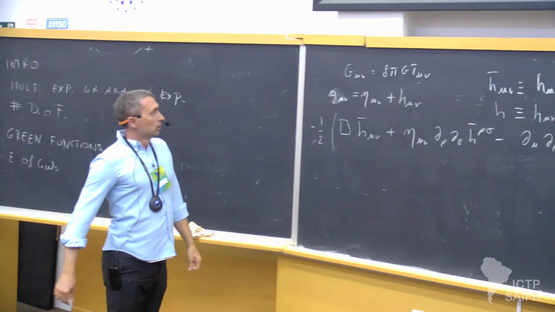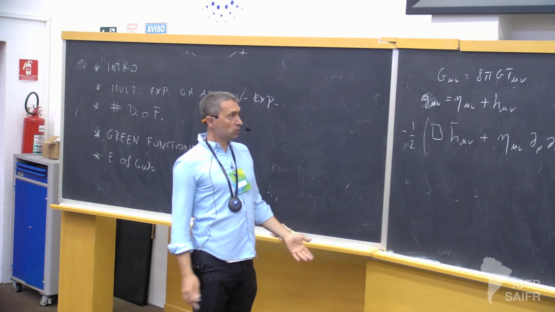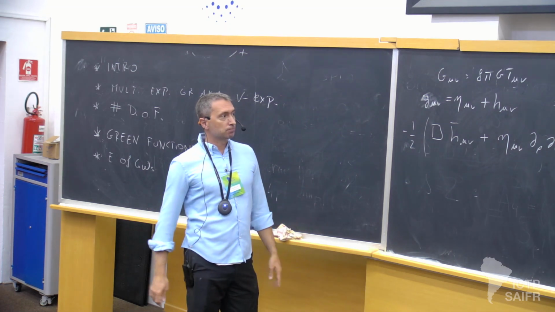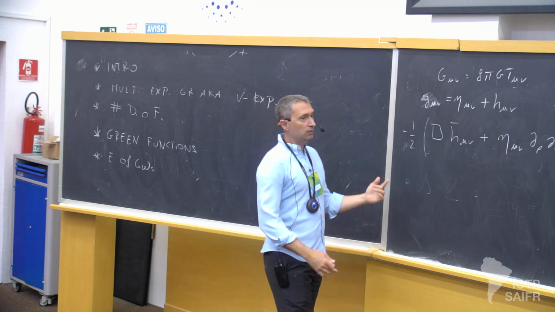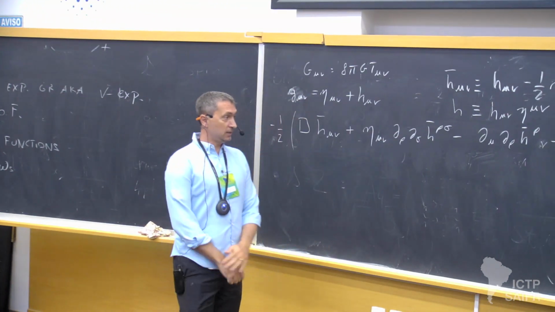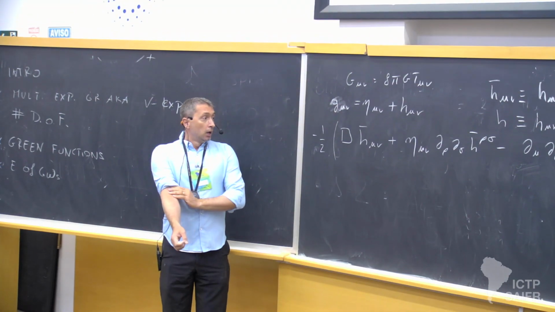So it's linear, so it's not a big deal. What's the ugly thing about this? The ugly thing is that it mixes all polarizations. It's linear, but if you want to know one polarization, it's not trivial. And there is one thing which is even uglier: I cannot solve for all of the polarizations.